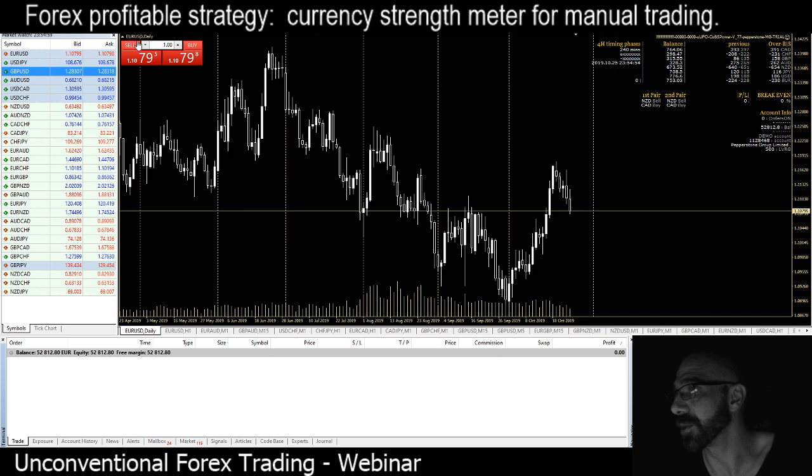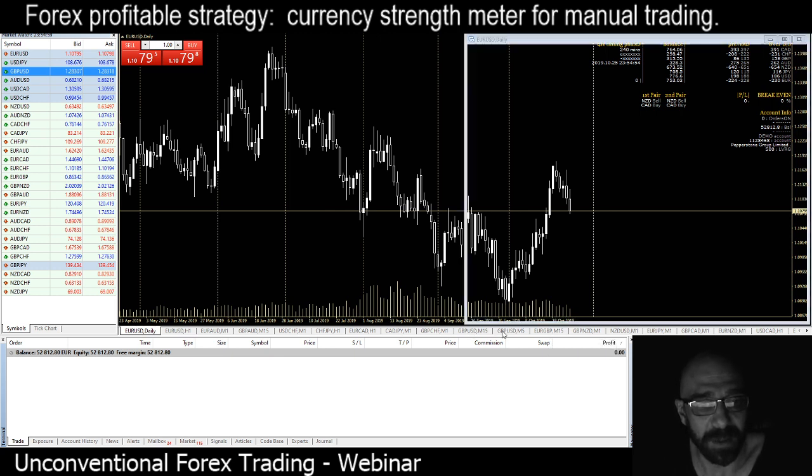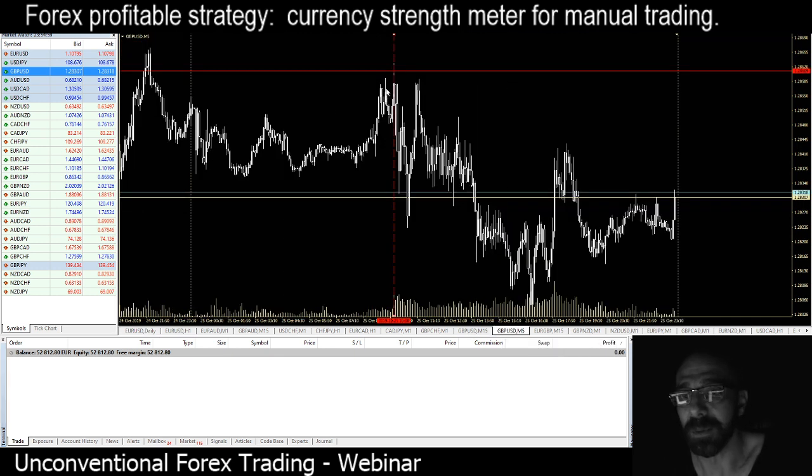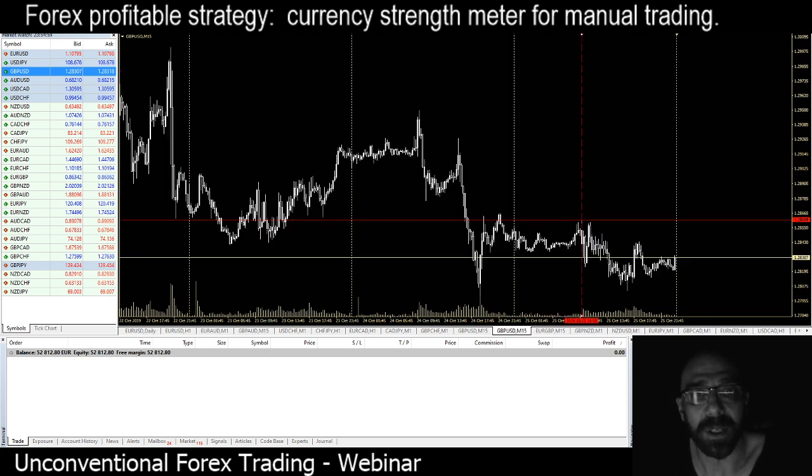See here, euro-dollar, one chart only on the daily time frame in this case, and I can read and have everything under my control. I was here on this GBPUSD. This is a 5-minute chart. Let's put it on a 50-minute chart so it makes sense.